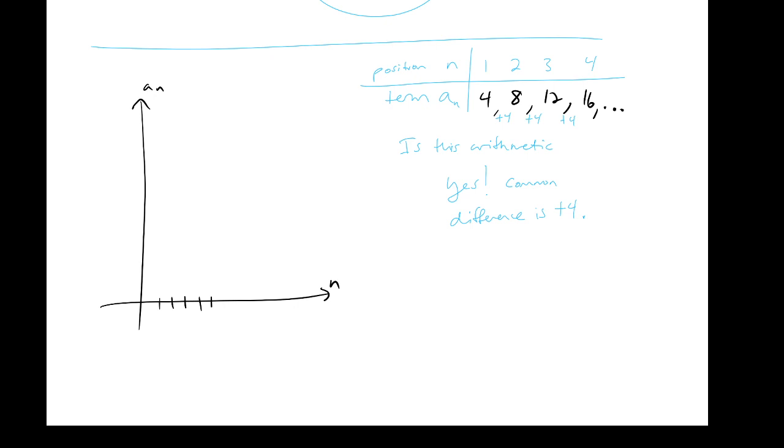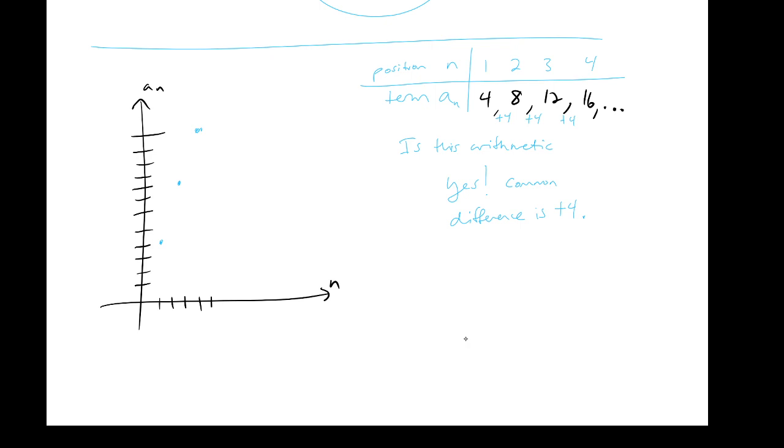So we have position 1 with term 4, counting 1, 2, 3, 4. Then position 2 with term 8, counting 5, 6, 7, 8. Then position 3 with term 12, counting 9, 10, 11, 12.